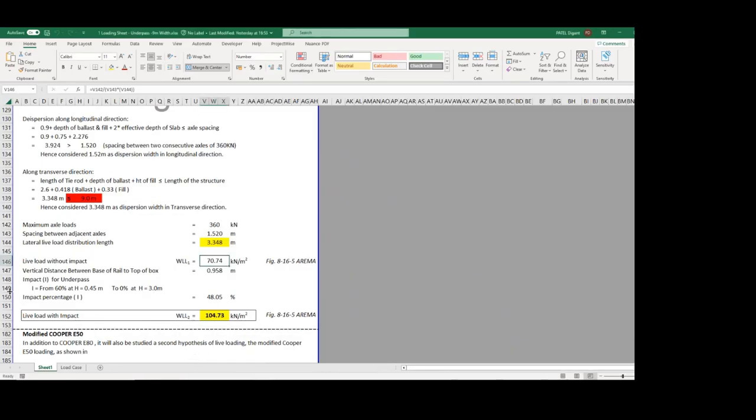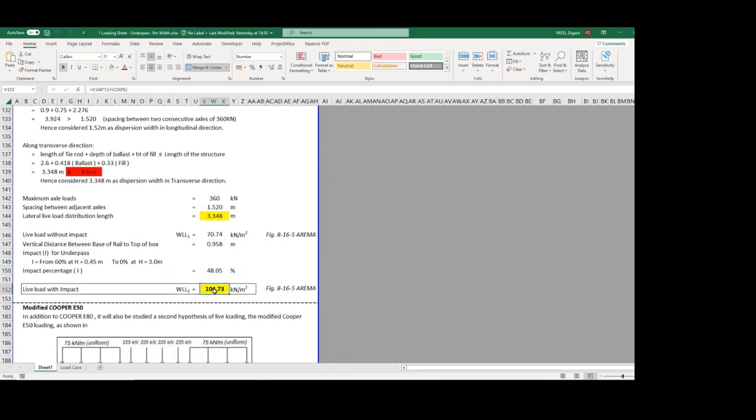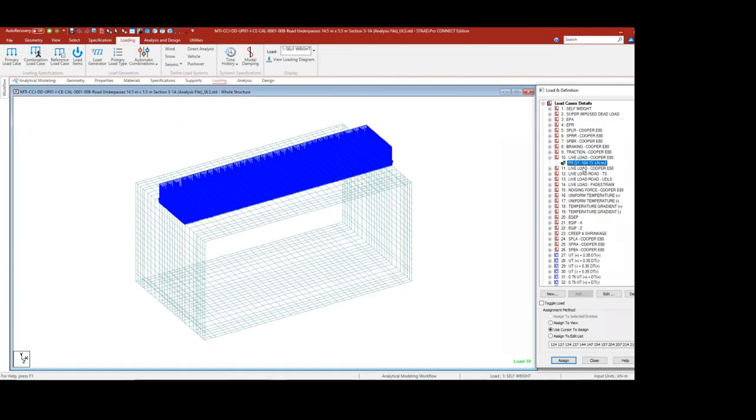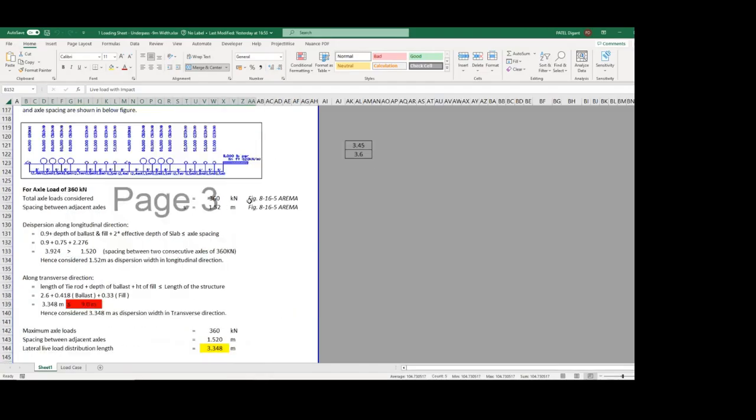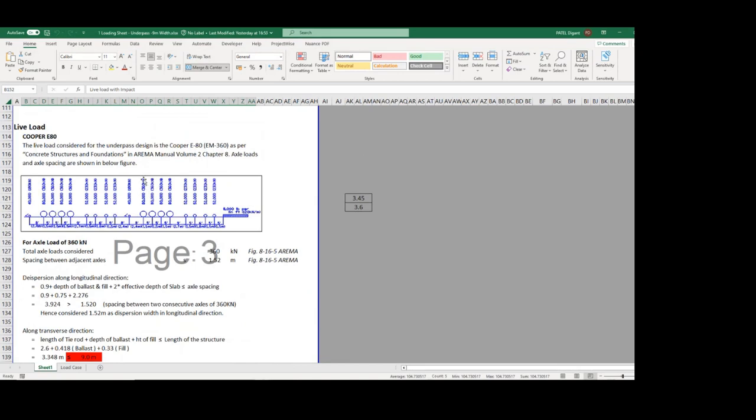So by this vertical distance, by this height, we calculate the impact load and then add it to the original intensity of live load, and thus we apply it as a static pressure load. One thing to note: we have considered only the maximum axle load for a conservative approach, but for a big structure or girder type structure, we generally use a moving load analysis, for which the actual load will be considered.